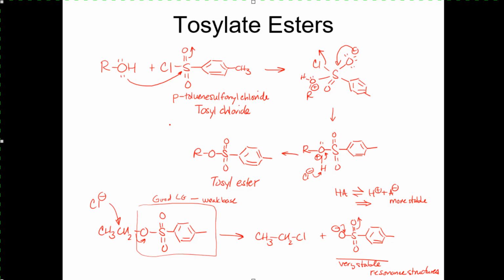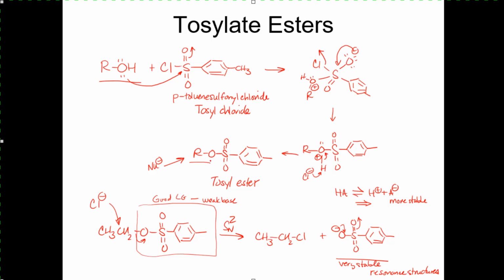So notice what I did here. By converting my alcohol into a tosylate ester, I can add nucleophiles and do SN2 reactions, because that's what this is. This is an SN2 reaction, and that oxygen that was part of the OH is now part of the tosyl ester.